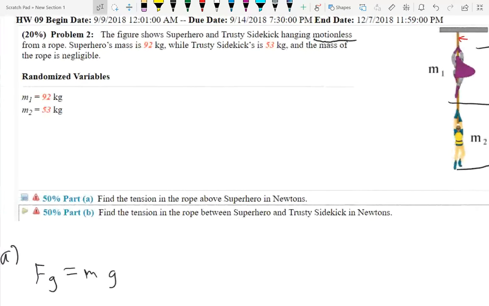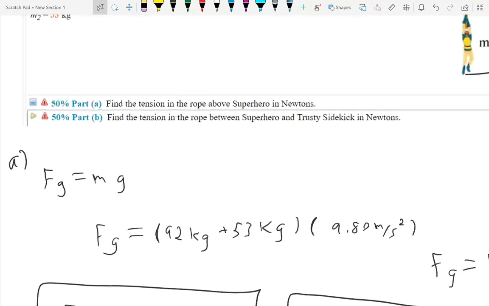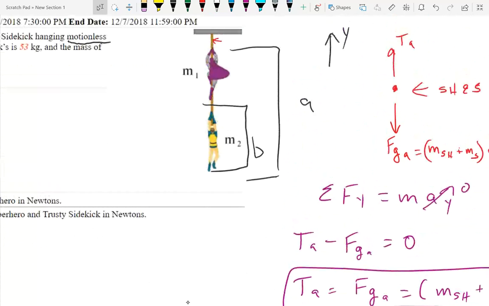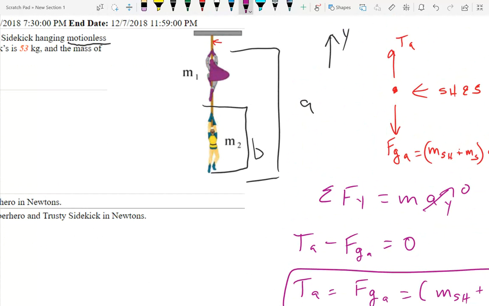Now we go to part B. And part B, we have to make a decision. Find the tension in the rope between superhero and, I should have put TS for trusty sidekick. My mistake. So if I'm going to look for the tension between, that rope that's between the two is applying a force on both the superhero and the trusty sidekick.